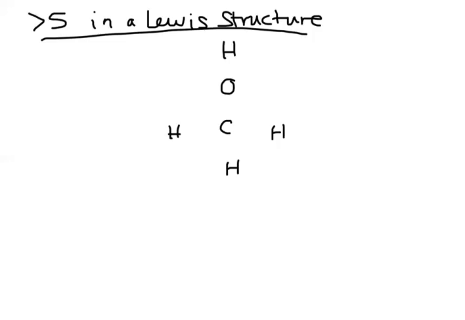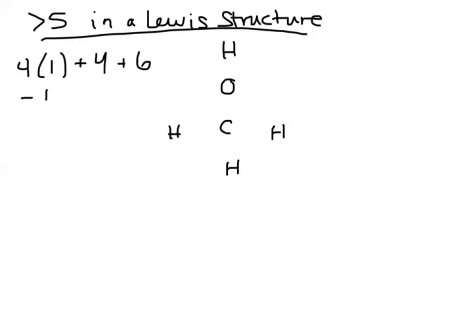How many valence electrons do I have here? It's 14. You have 4 times 1 for the hydrogens, plus 4 for the carbon, plus 6 for the oxygen, which gives you 14 valence electrons.